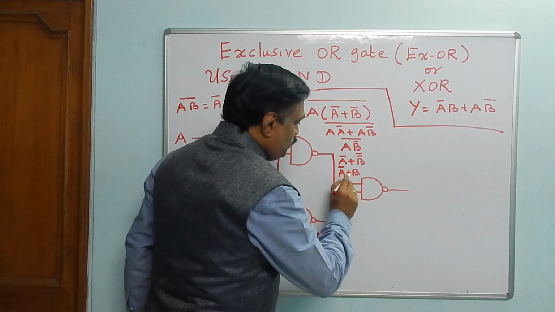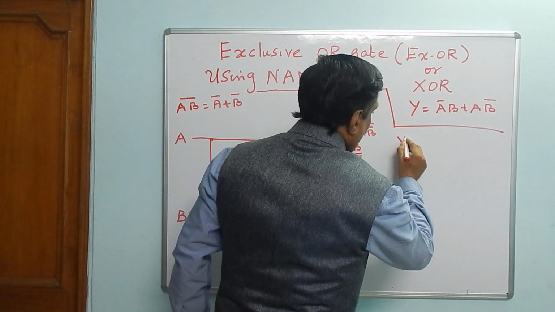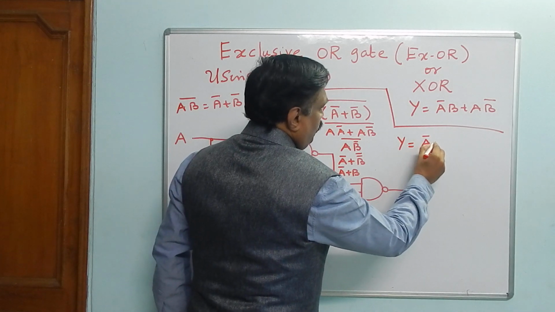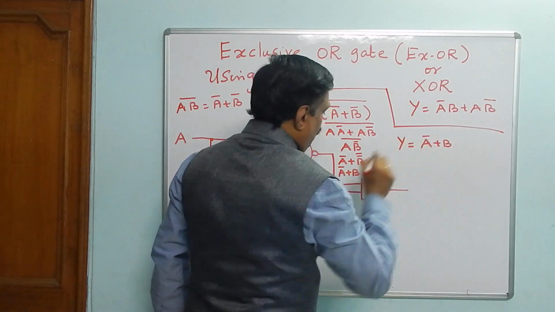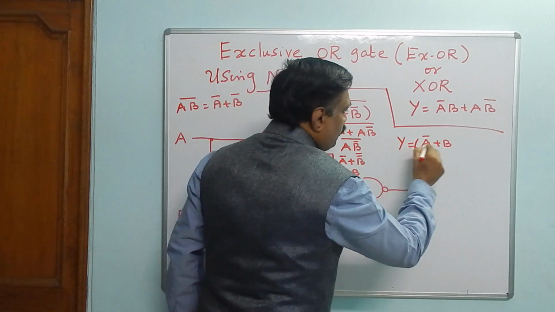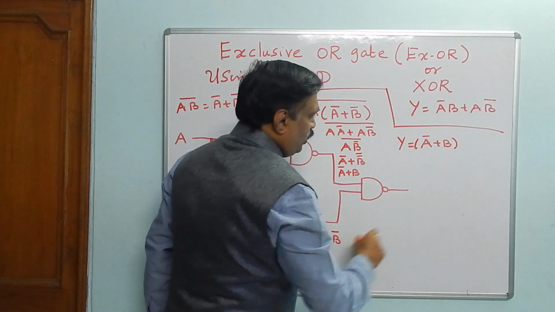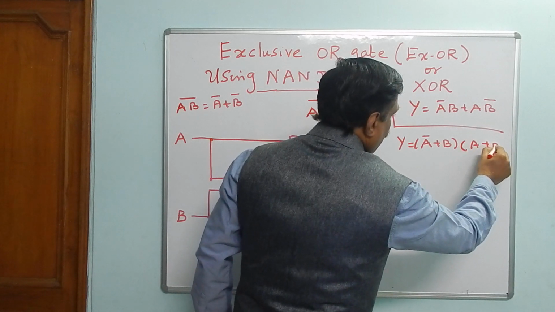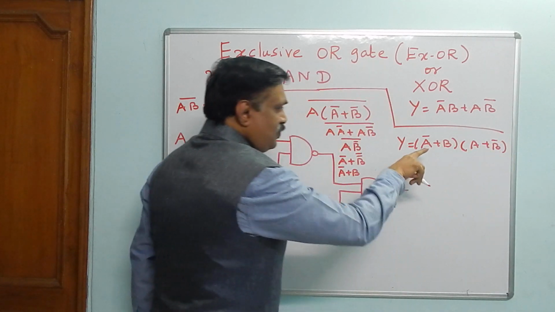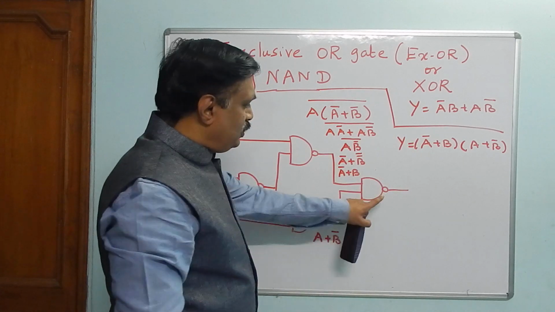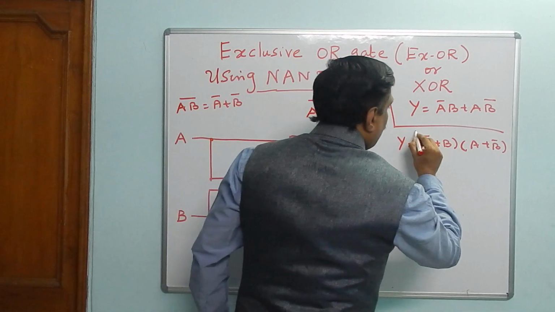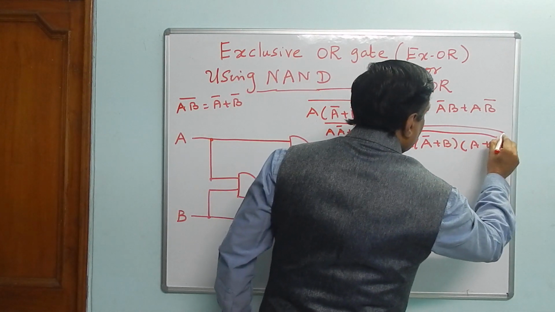Therefore, one input is this. That means y equals A complement plus B, this one, and this one, A plus B bar, and this is an AND gate and this NAND gate, therefore complement is there, therefore put one complement.